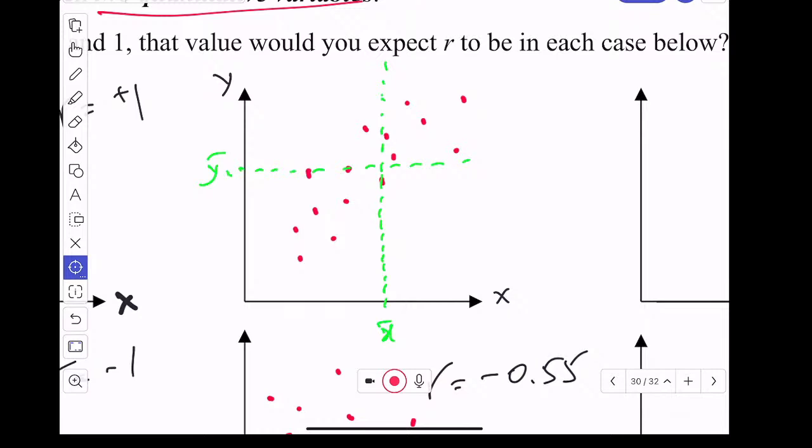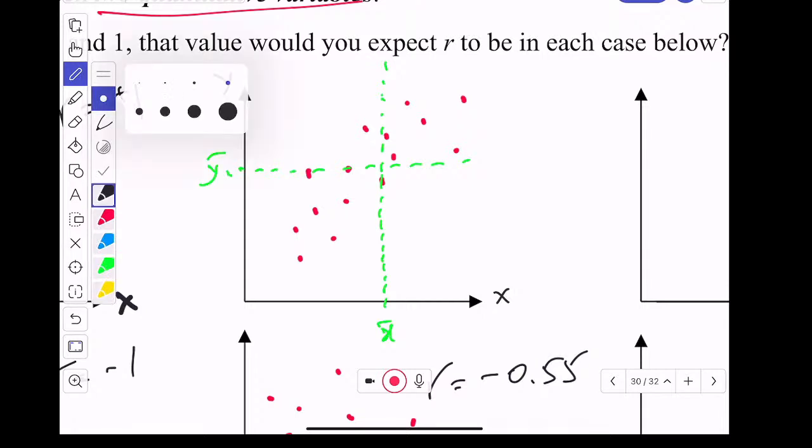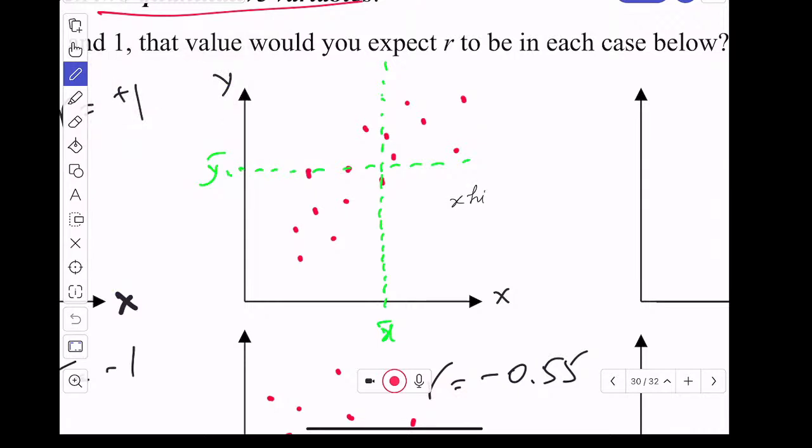So now, when X is high, above its mean, where is Y? Is it high or low? So when X is high, Y is where?